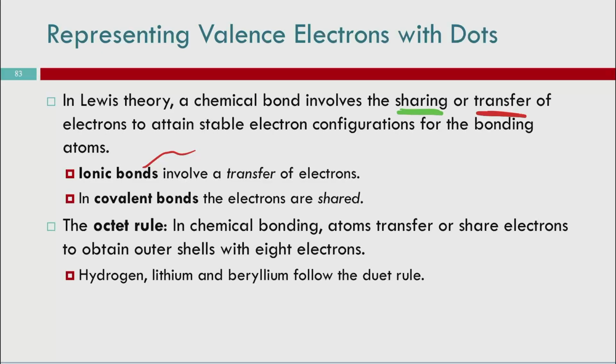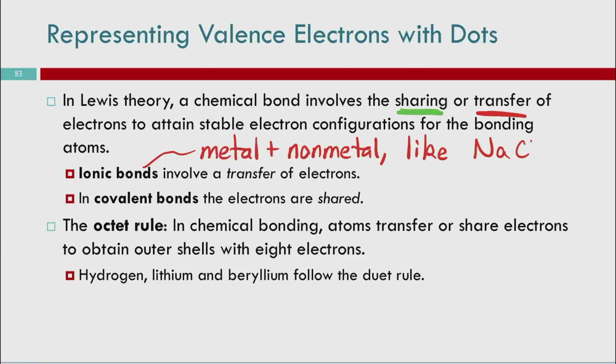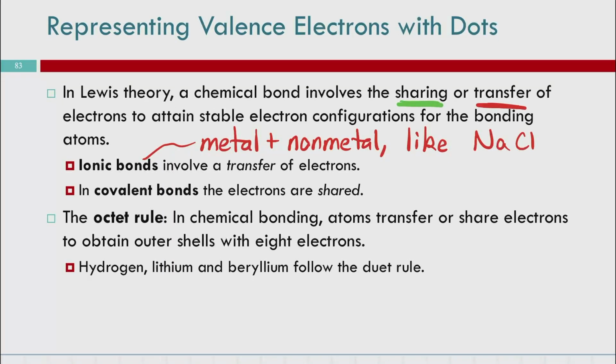Ionic bonds form in ionic compounds, meaning that we've got a metal, typically, and a nonmetal. Like our favorite salt, table salt, NaCl. Sodium's a metal, chlorine's a nonmetal. Those sort of bonds involve a transfer of electrons.